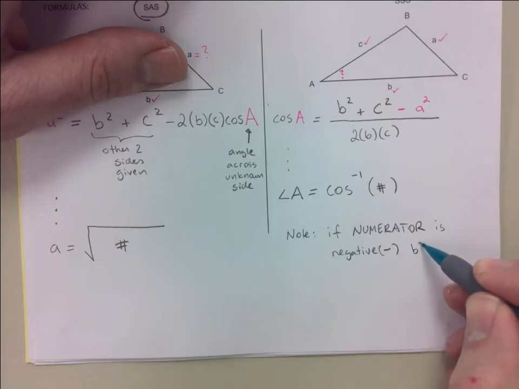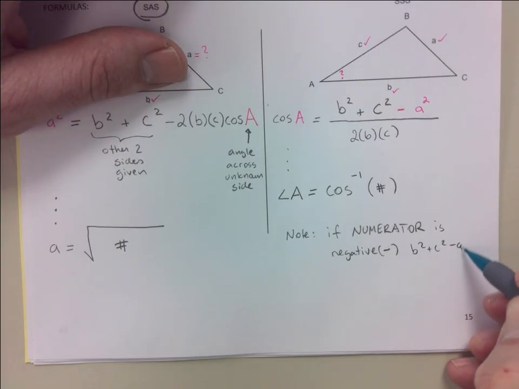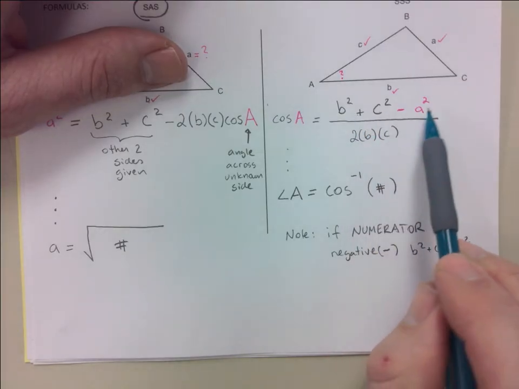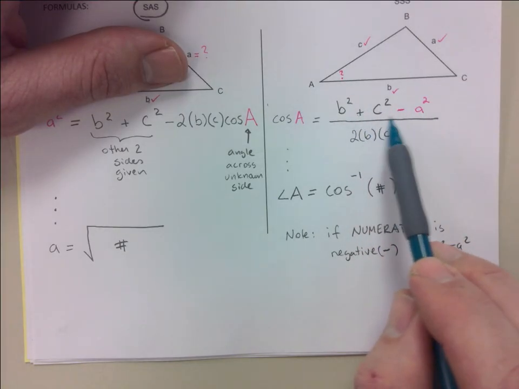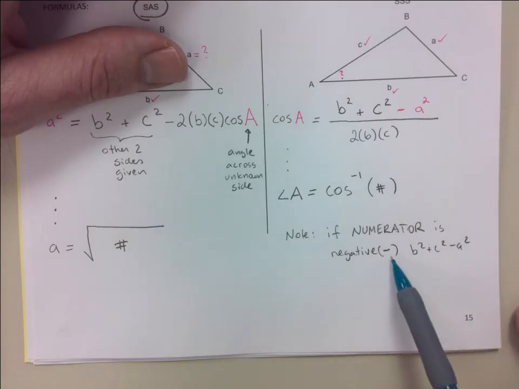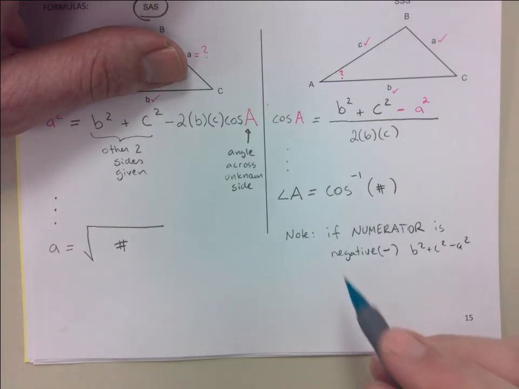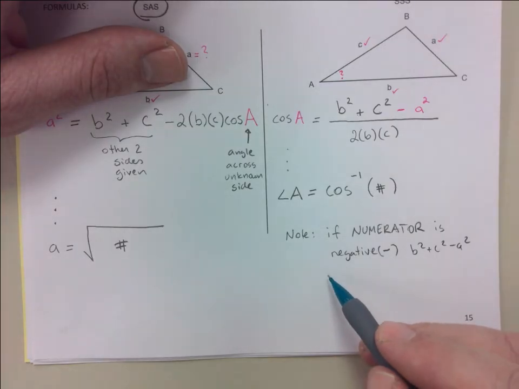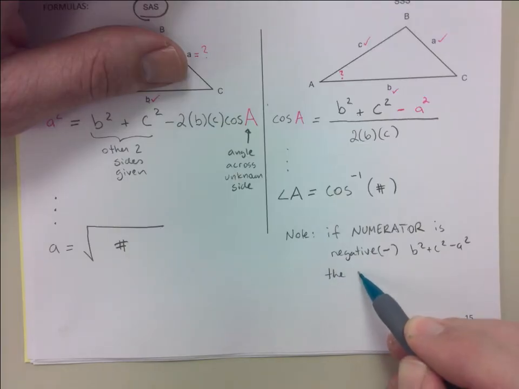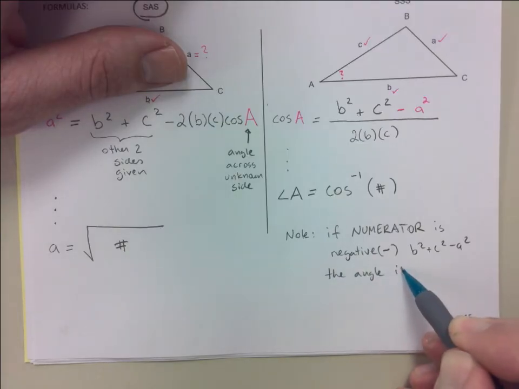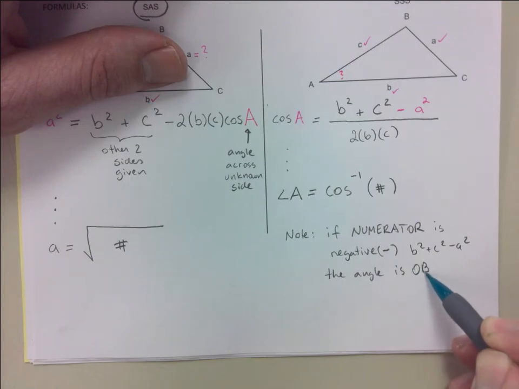I mean the b squared plus c squared minus a squared. If this top part of your formula, when you plug that in, gives you a negative, you're going to have an obtuse angle. The angle is obtuse.